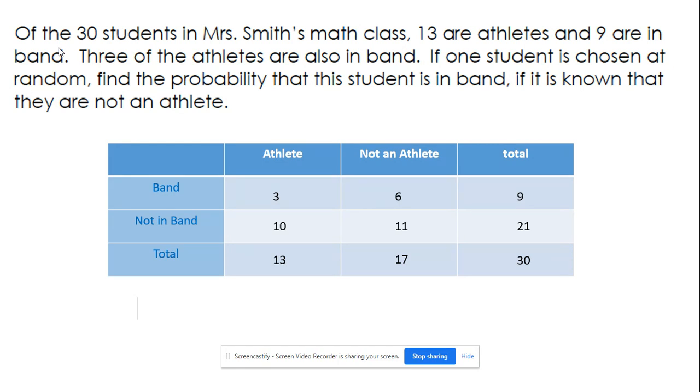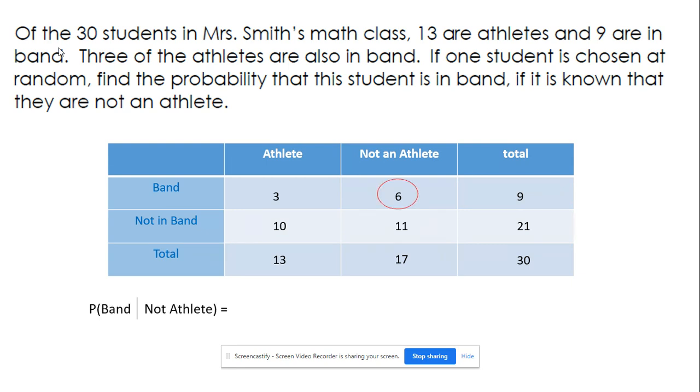If one student is chosen at random, find the probability that this student is in band if it is known that they are not an athlete. So you want to find where they overlap. You want to find the number of students that are in band if you know they are not an athlete.